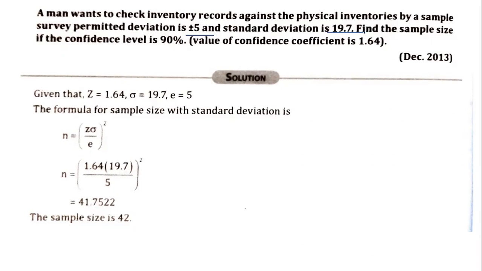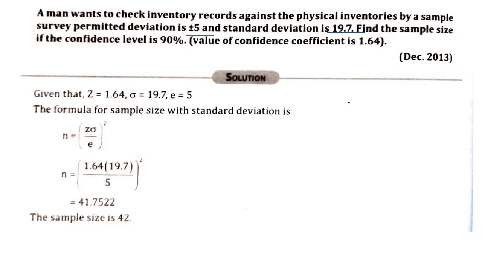So a man wants to check inventory. Inventory means stock records against the physical inventory. Physical inventory means directly going into the go down and counting each and every product. Many times whatever is physically present there will not be in the books, or whatever is present in the books will not be there in the go down.